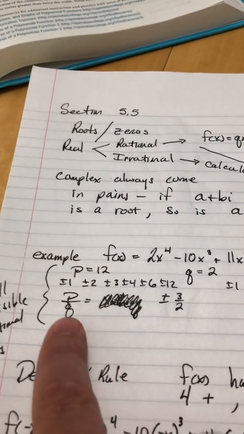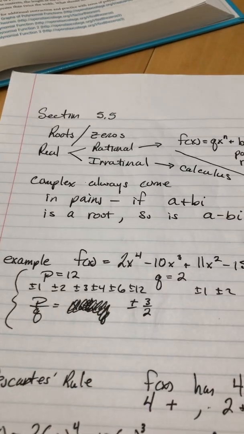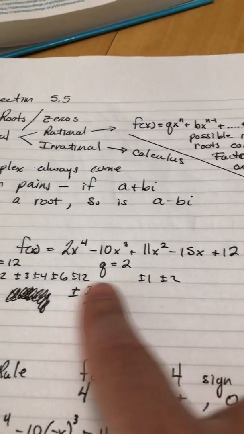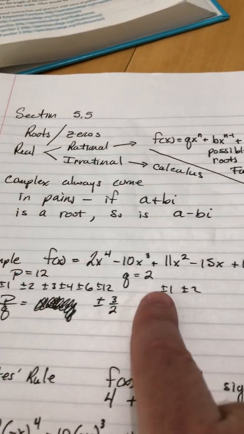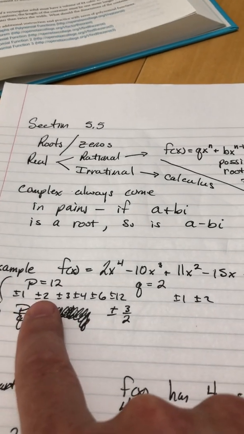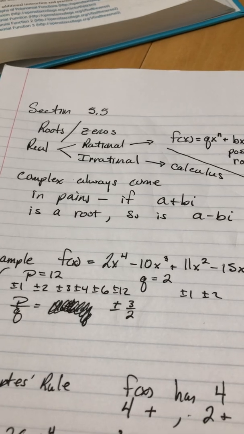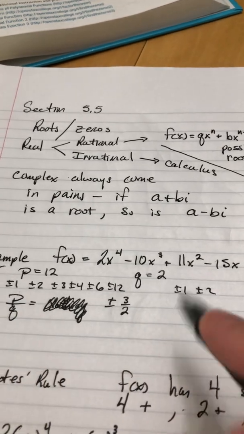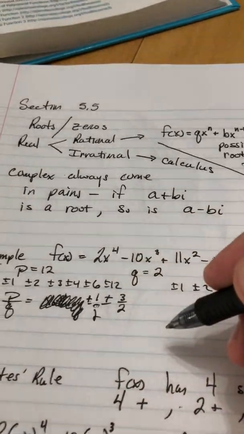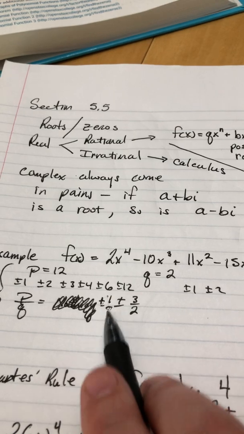Now, for all of the p over q's, what you're trying to do is generate anything that's new. If you're taking your p and putting it over 1, you're not getting anything new. If you put 1 over 2, you've got plus or minus a half.